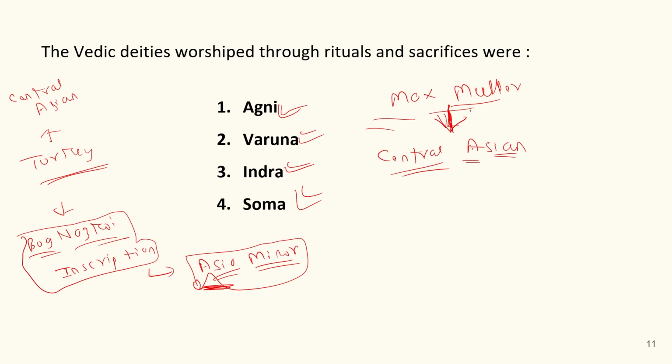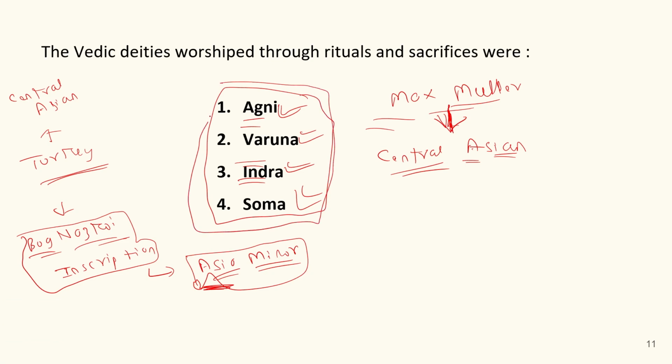Now the question is, how did he make the theory on the basis of Bog Haskoi, on the basis of Asia Minor? The simple reason is that these gods, Agni, Varun, Indra, Som, were mentioned on that inscription, and these are the gods who were worshipped in the Vedic period.